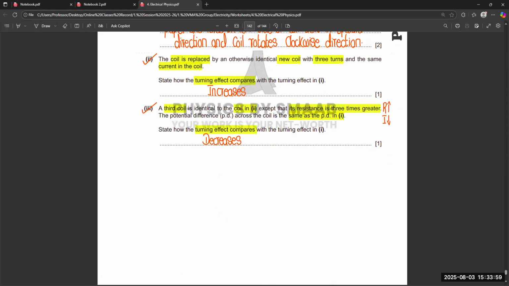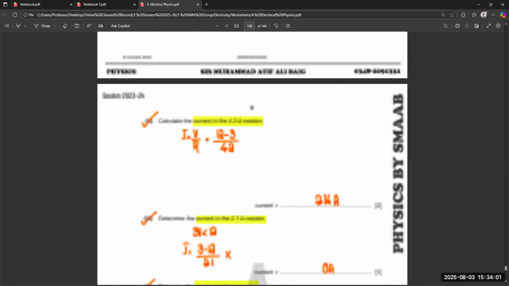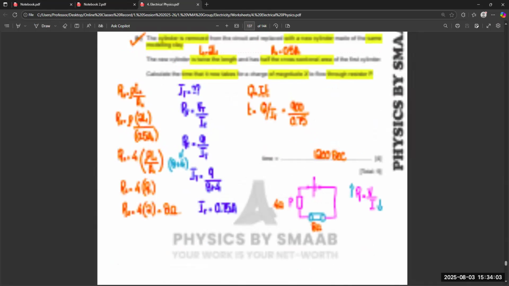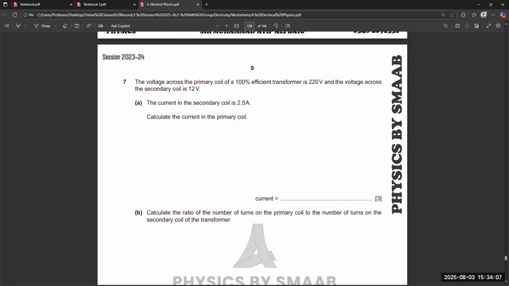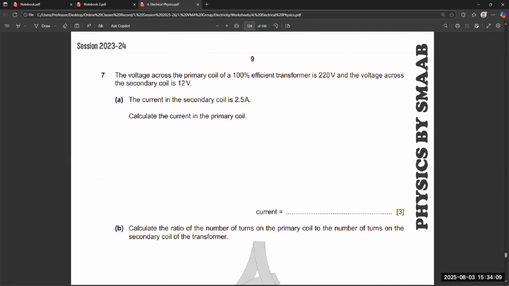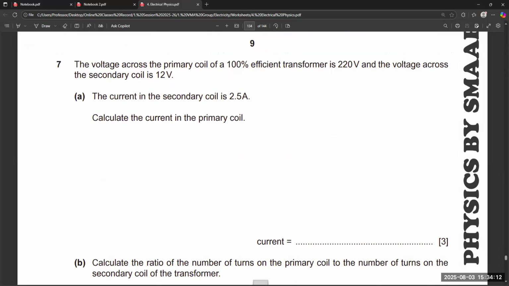So the first question. This is the first question related to the transformer. Question number 7. The voltage across the primary coil of a 100% efficient transformer is 220 volt.